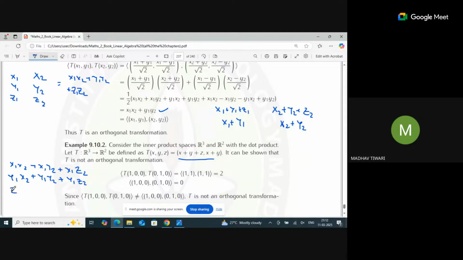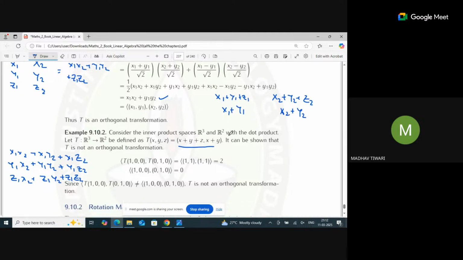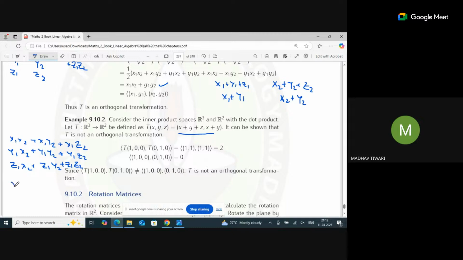Then I will have z1 x2 plus z1 y2 plus z1 z2. Okay. Then I have to add their product as well. So it will be again x1 x2, right? It is already there. Again, it is coming. And then I will have x1 y2 and y1 x2 plus y1 y2.